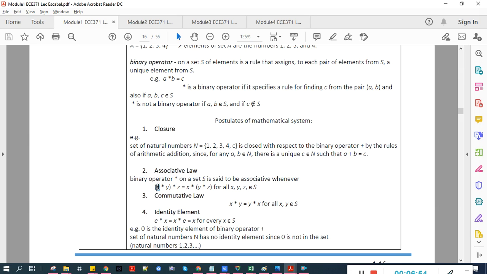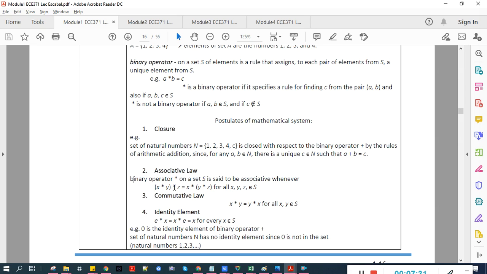If you have these inputs x, y, and z, and then we use this binary operator, it says that if the binary operator is used in this way, first x and y use the binary operator before we perform the binary operation with z, this is equal to this.